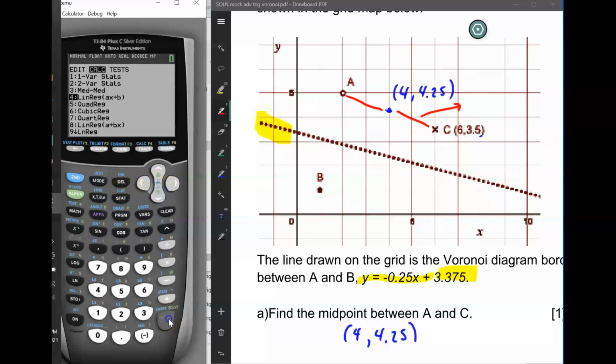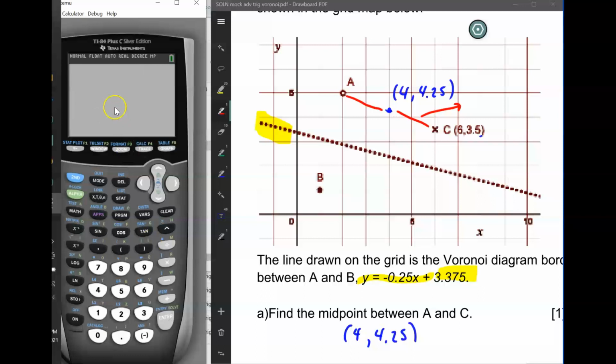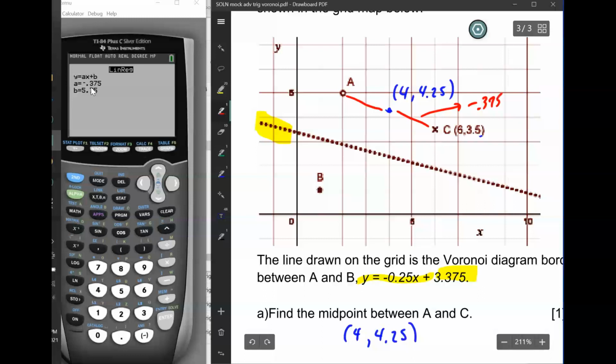And if we do linreg, it'll give us the equation of the line which goes through there, and as a byproduct, it'll also give us the slope. So we put L1, L2, blank, blank into frequency list, enter, and there we go. The A value, or the slope, is negative 0.375. Negative 0.375 is the slope. Okay?